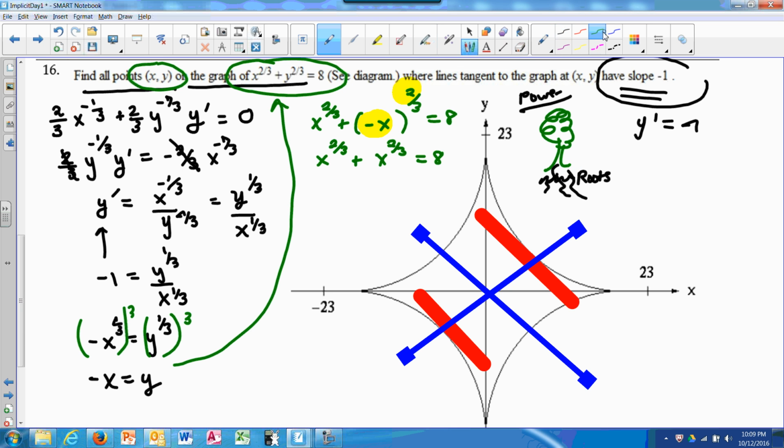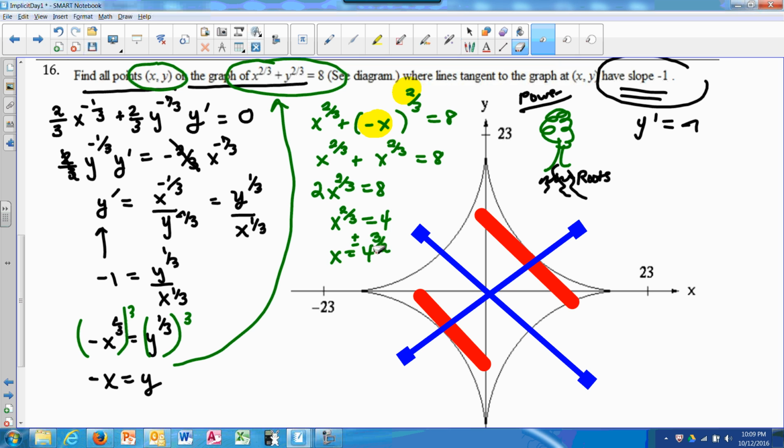Okay, so that means that I have 2x to the 2/3 equals 8. So x to the 2/3 equals 4. So x equals 4. Instead of the 2/3 power, algebraically it becomes the 3/2 power. But I end up needing a plus and minus. So when we write it as the power, people tend to forget that they need the plus and minus.